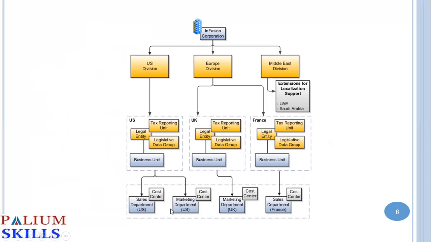Now they have also segregated in terms of the country: marketing, the sales US, marketing department US, marketing department UK, sales department France, which are also cost centers. So here in Europe division, even UK is coming, because there is a new rule called Brexit. So even now UK comes under Euro division in this category.